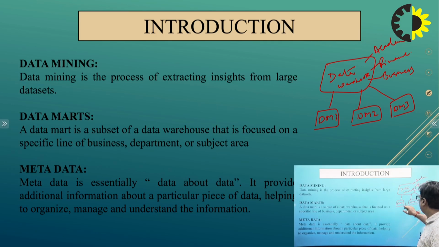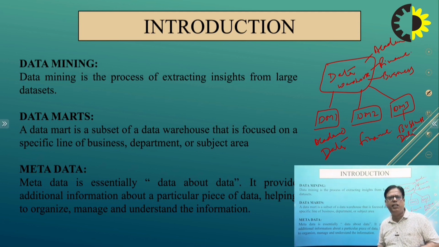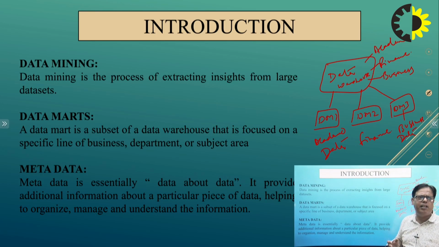So data marts basically define the specific departments, like data mart 1 shows the academic data, data mart 2 shows the finance data and data mart 3 shows the business related data. It means data mart basically defines the subject areas and department wise data sets. It is a subset of data warehouse that is focused on a specific line of business, department and subject areas.